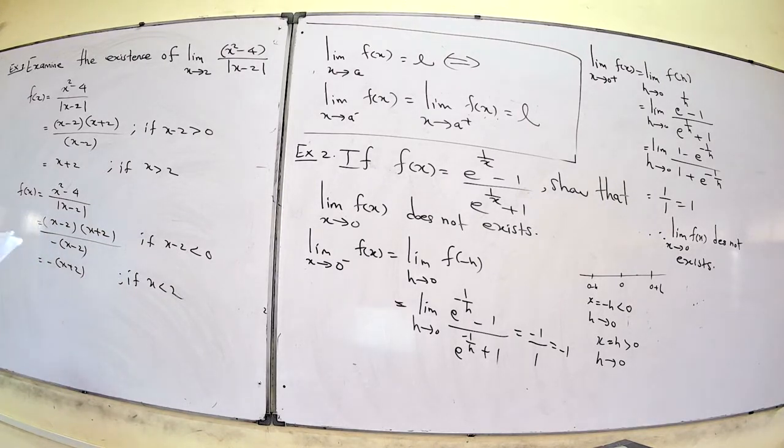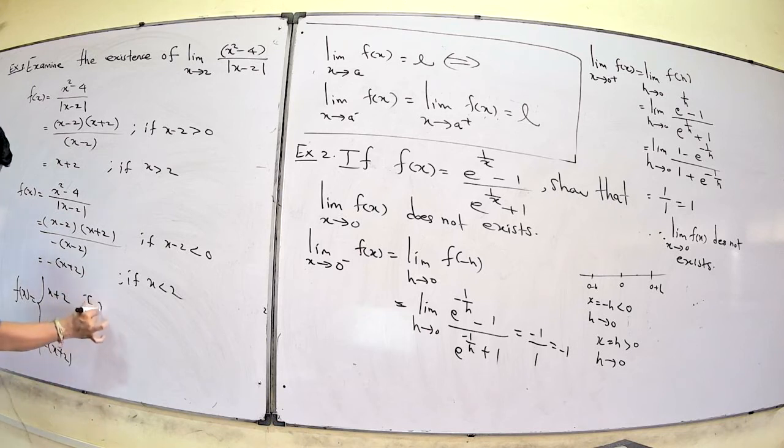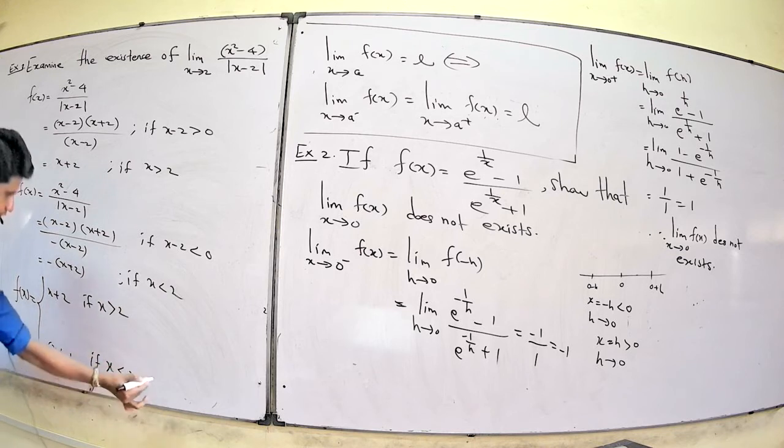Now you want to find the limit for this part. Okay. That means now your function f of x is defined like this: x plus 2, minus of x plus 2, if x greater than 2, if x less than 2.